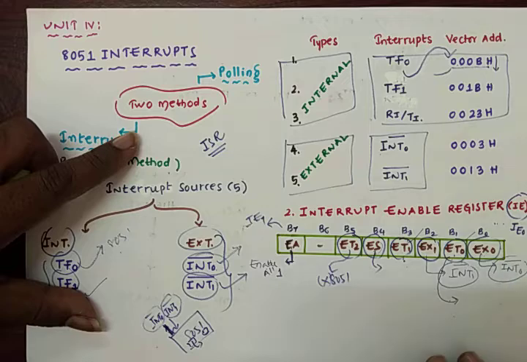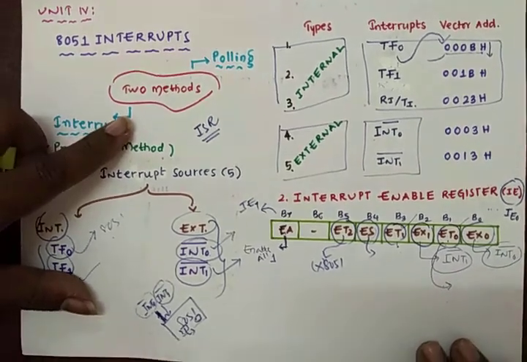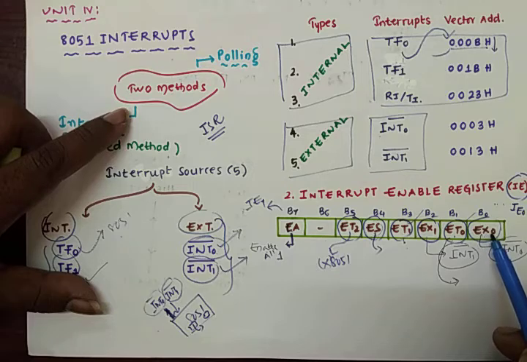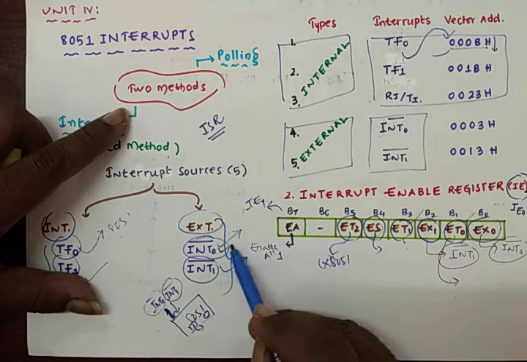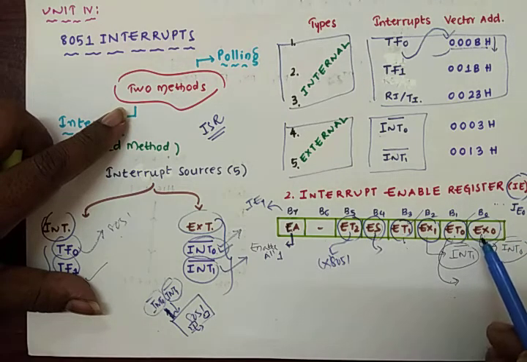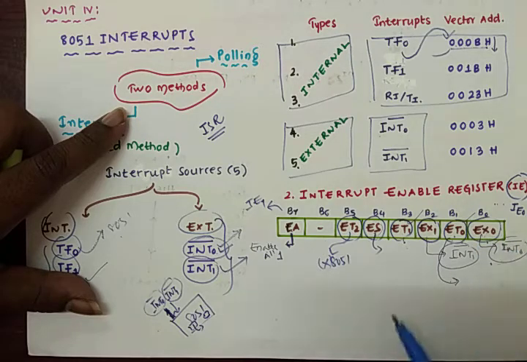Coming to the next important thing, it is external interrupt 0. It is an external one. This can be enabled or disabled by software.